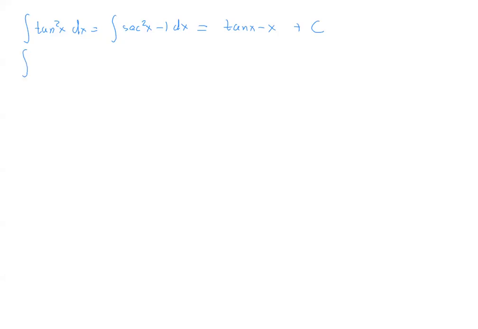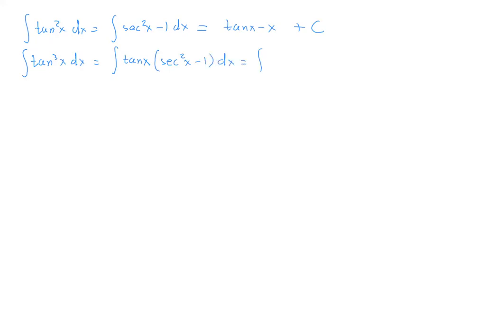And then, of course, one can ask what happens if you have the integral of tangent cubed of x dx. Here, you can play the same game, meaning you can write tangent x times tangent squared of x. But tangent squared of x is secant squared of x minus 1.